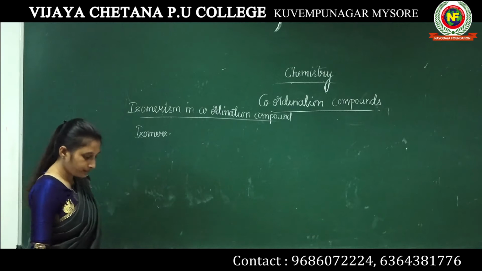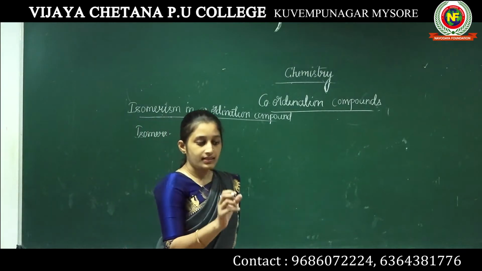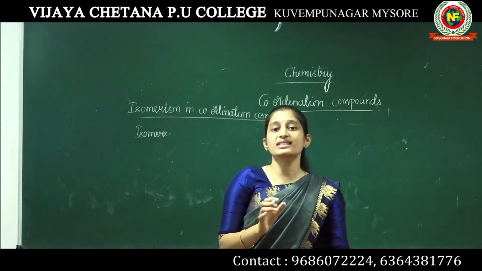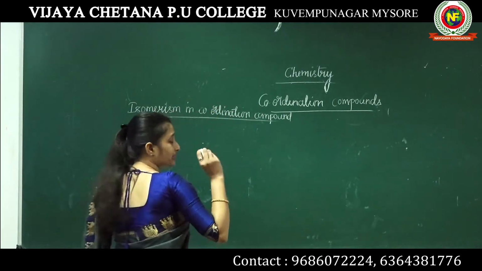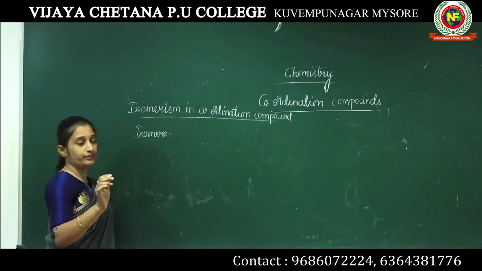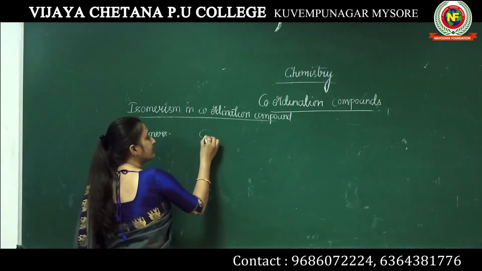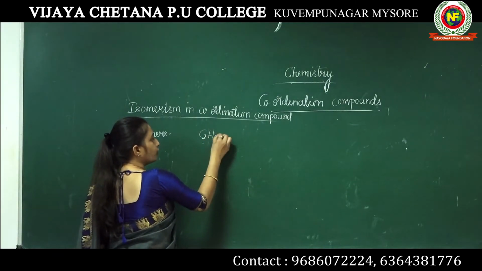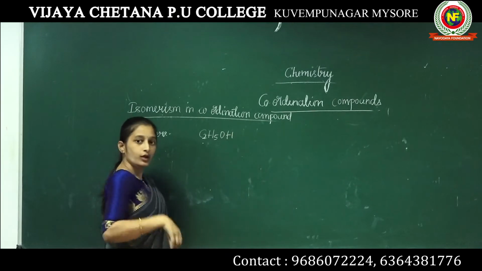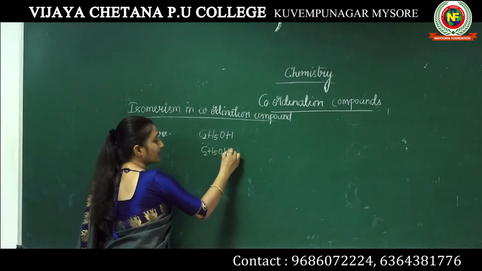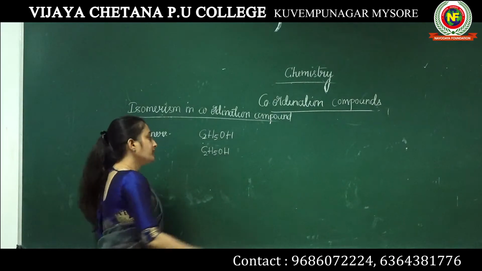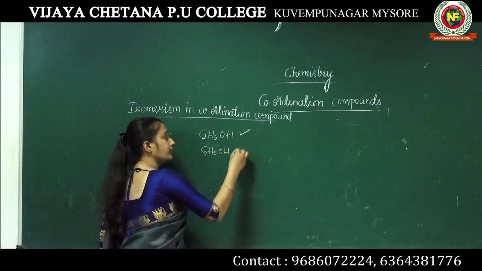See, isomers are compounds containing the same molecular formula. Molecular formula means, for example, just assume I am giving an example, C2H5OH and one more C2H5OH. Just assume this is different, this is different.